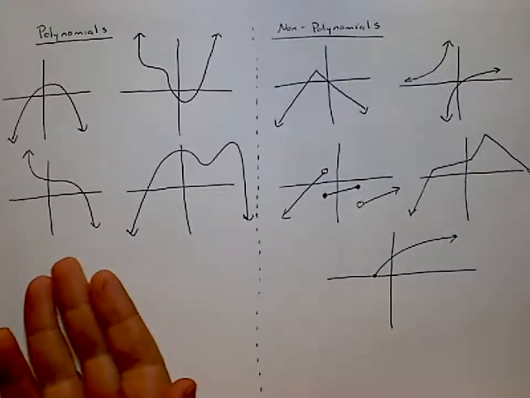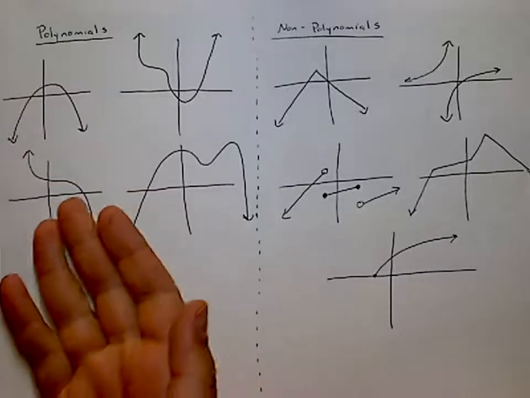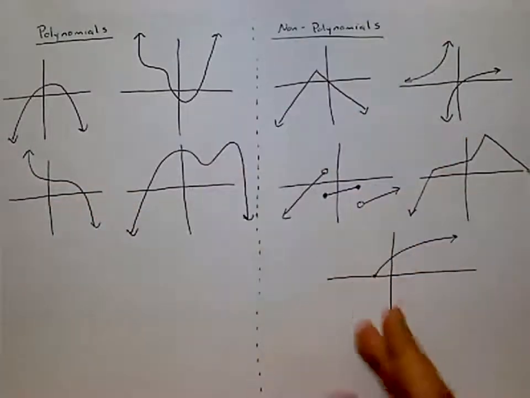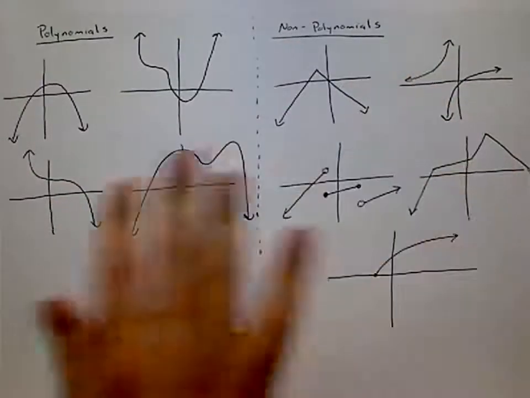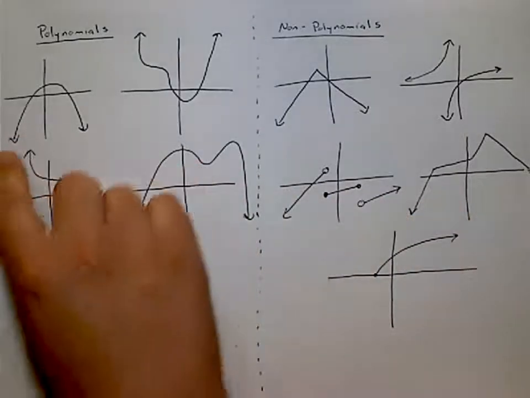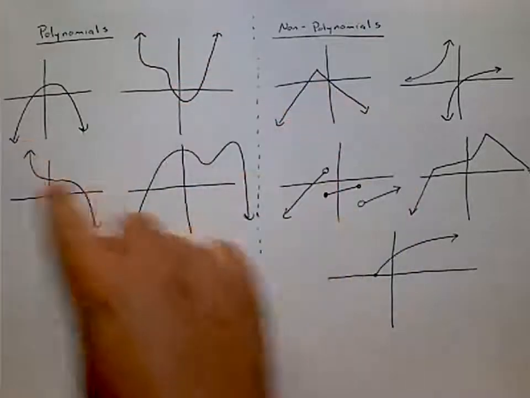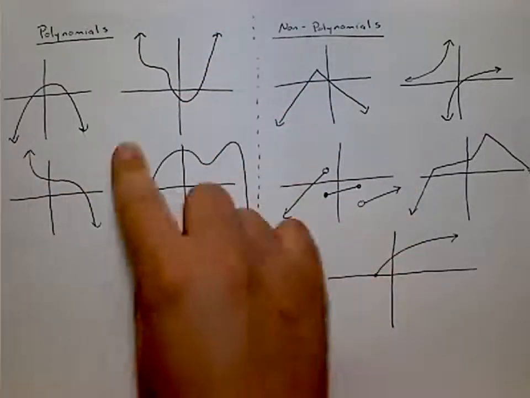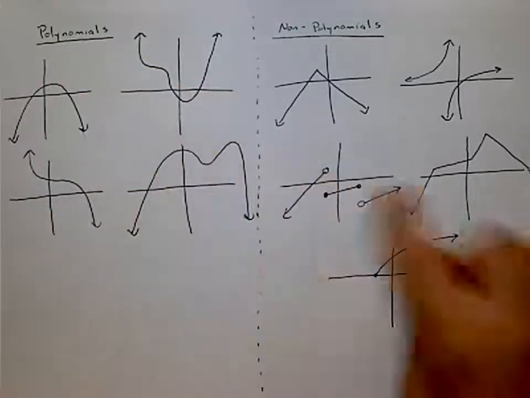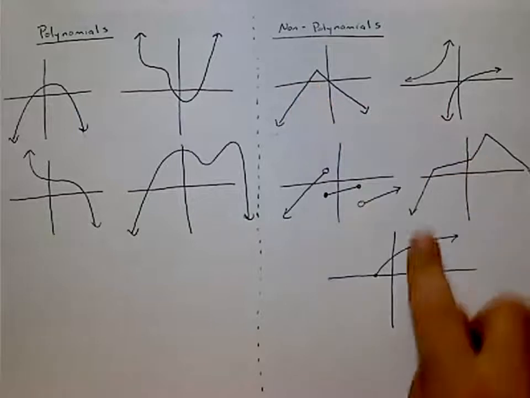Okay, so here on the left, I have some graphs of polynomials, similar to the ones that you just saw. Then I drew some graphs of non-polynomials, and we're going to look at the difference here. What I want you to notice is that polynomials are all smooth curves. We don't have any points, we don't have any ridges. They're all smooth to draw, unlike this absolute value function that has a point.